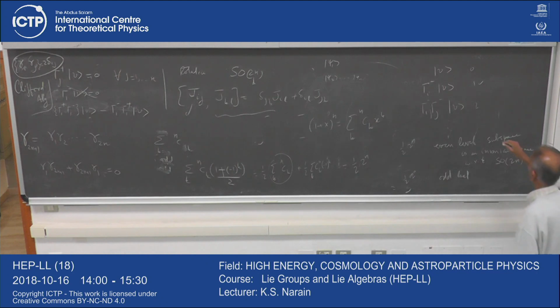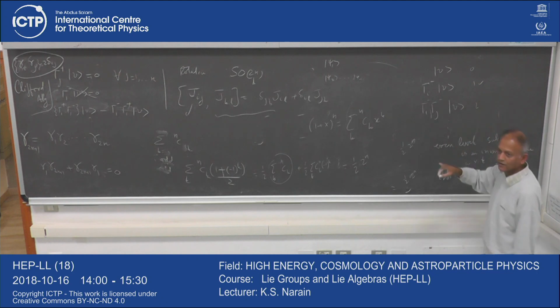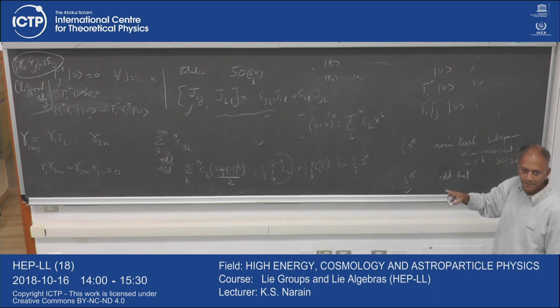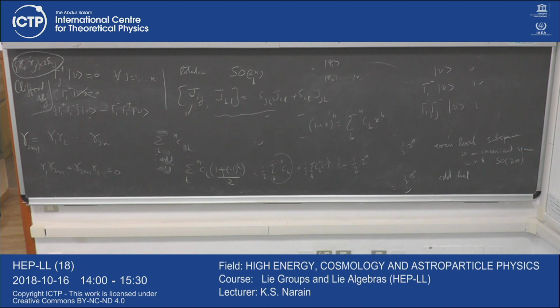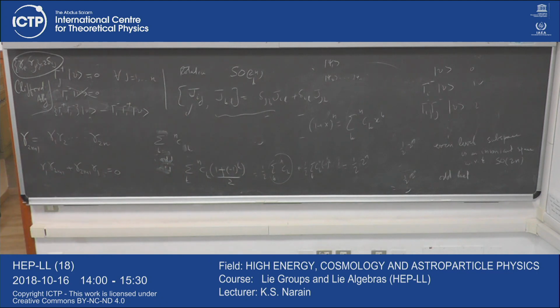What I want to say is that all the even guys come with one sign of gamma 2n plus 1, and all the odd guys come with the opposite sign. Let me see how to say this. You could say it the following way.